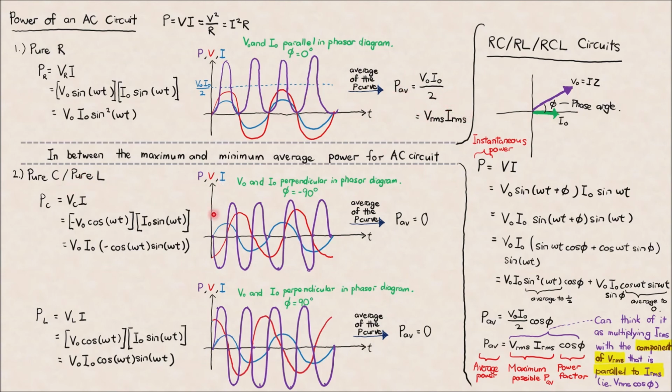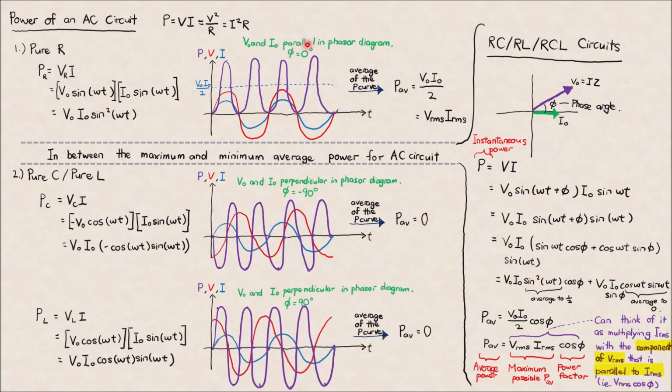But if we see the current and the voltage to be 90 degrees out of phase, whether leading or lagging, we don't mind about it, we'll see that the average power is equal to 0.